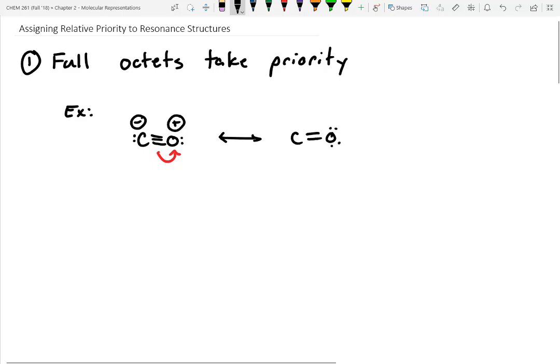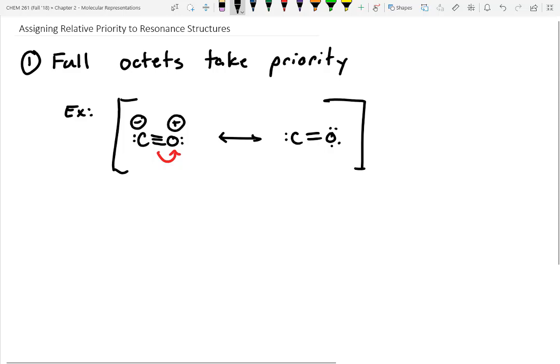So now we've got 2 lone pairs there. The lone pair on carbon hasn't changed. All right, what's the formal charge on carbon now? It's 0, it's neutral. What about oxygen? 0, it's neutral. Okay, so technically we could draw these as resonance structures. The formal charge hasn't changed. We haven't broken any of our resonance rules.